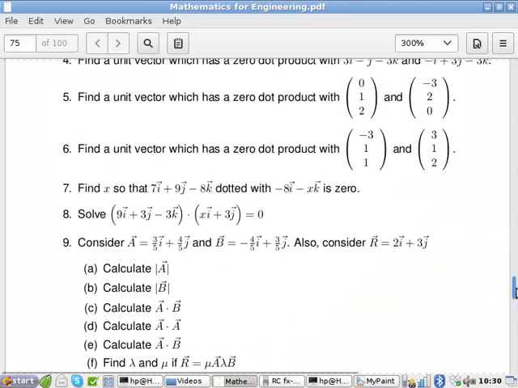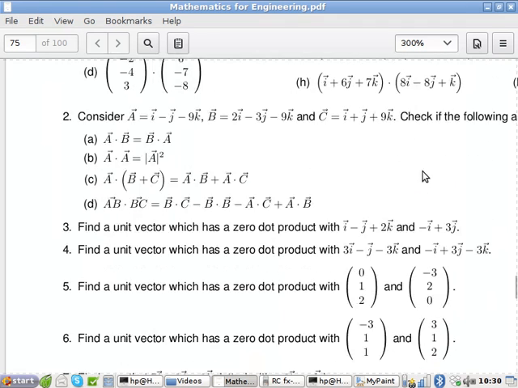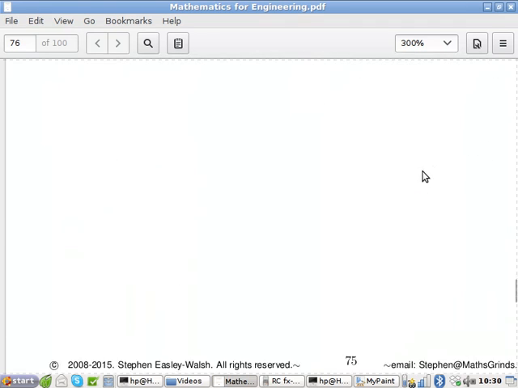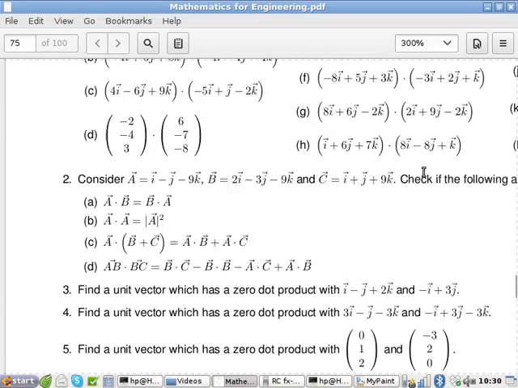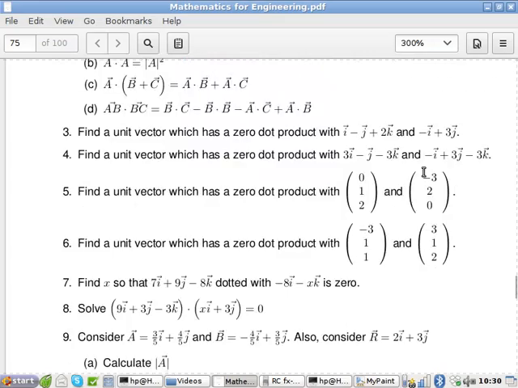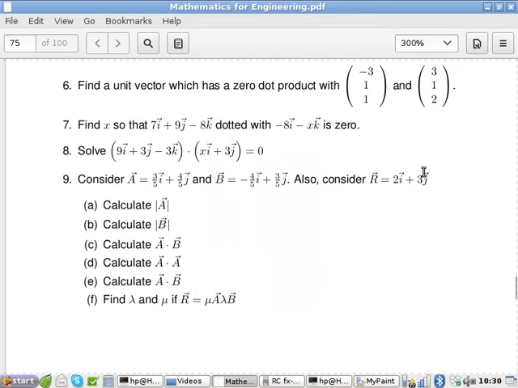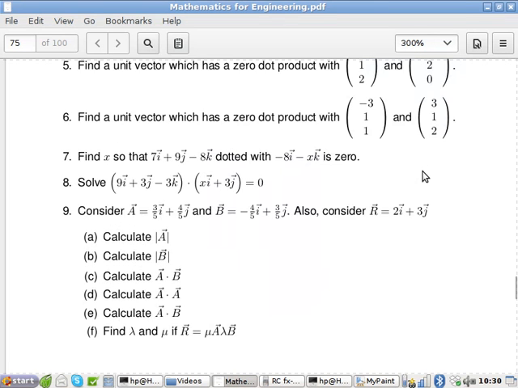Okay, so if you can start these now, just for 10 minutes, and then what have we got next? Angles then, so we'll do that next time then. Questions are not that difficult. I think you'll be okay with them.